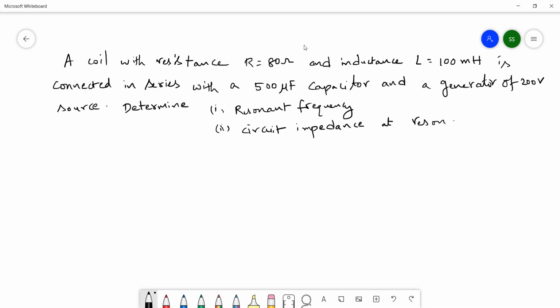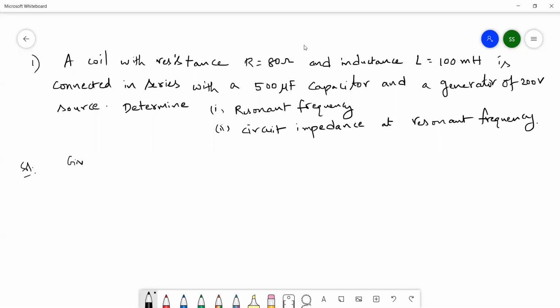So you need to determine the value of F naught, that is resonant frequency, and the value of Z at that particular F naught. That is what they are asking. Everyone note down this very important model. It was asked in the JNTU semester exam for 5 marks with the same model last year.